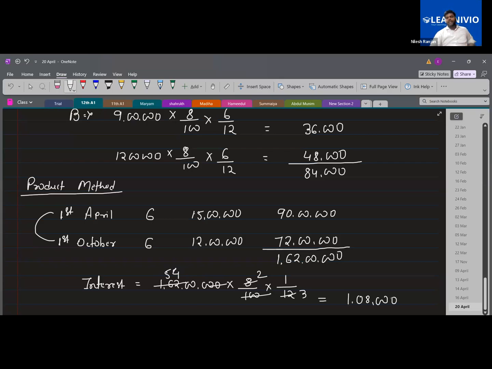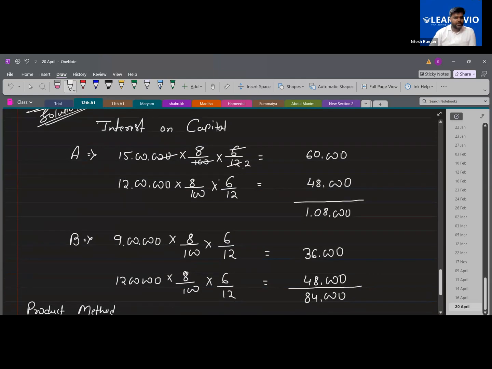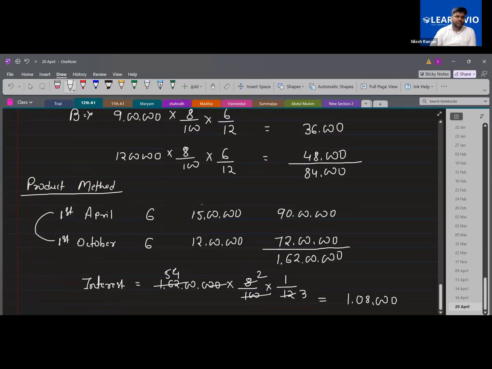It will be 1 lakh 8,000. So this is the solution. This is how we have to solve the question of interest on capital. This is the simple method where we have calculated interest separately for each change, each amount. And here it is the product method where we have prepared a table and then calculated interest for 1 month.